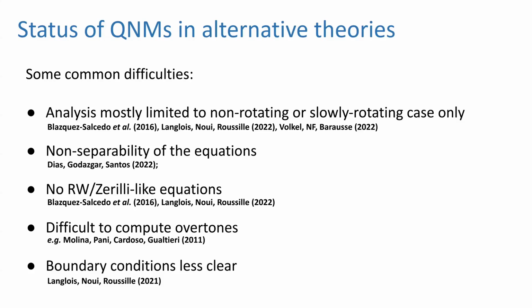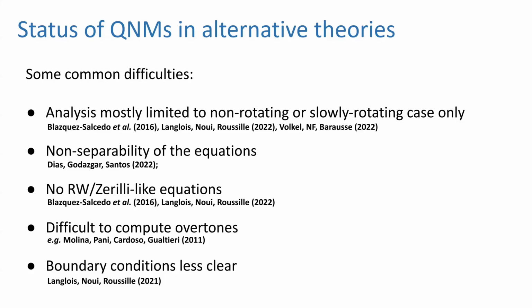Another case is that sometimes you cannot even recast your equations in the Schrödinger-like form, like Regge-Wheeler and Zerilli. So you have a system of coupled equations, and you cannot use the same methods you had for general relativity. And usually overtones, the faster decaying quasi-normal modes, are very hard to catch already in GR, but beyond GR even more. And sometimes it's not even clear how to set up boundary conditions.